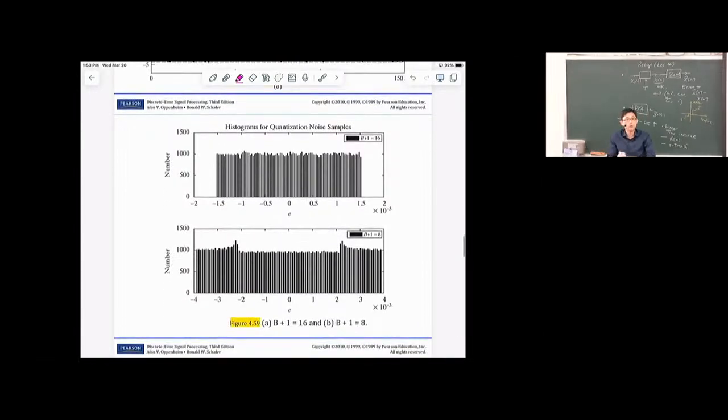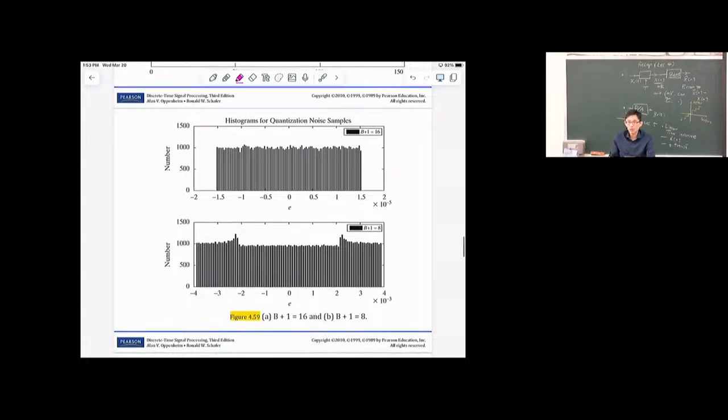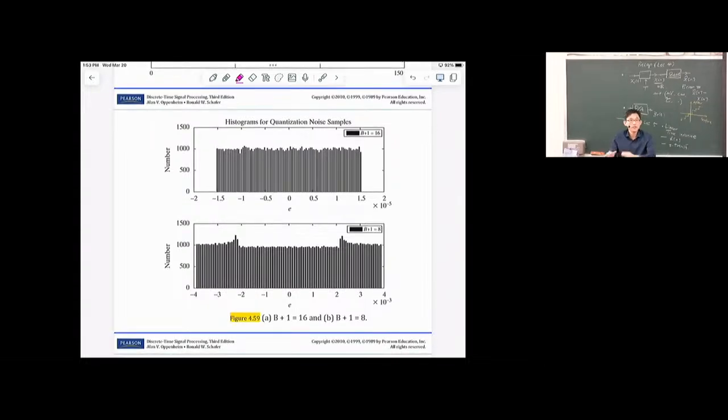This is also part of your next homework. If you have looked at the next homework, question number 3 asks you to make a few plots to really check the distribution of quantization error with MATLAB. But today let's look at this example from the textbook.